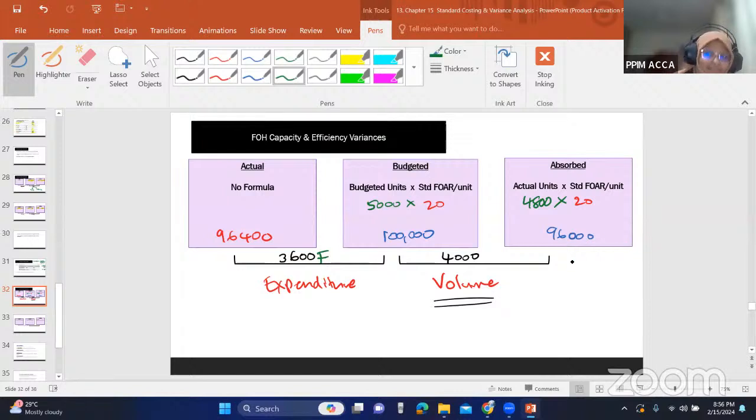We have absorbed less. So that is under absorption. Always remember, under absorption means it is an adverse variance. So that's the straightforward expenditure and volume.